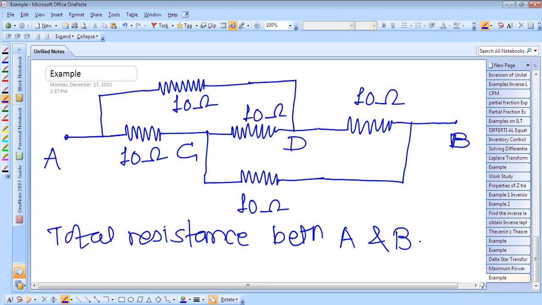If you arrange, we can say this is a delta fashion.